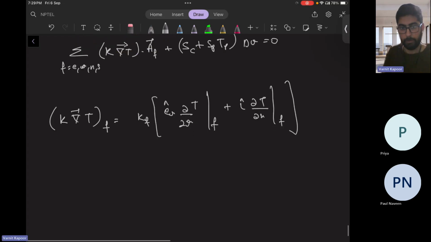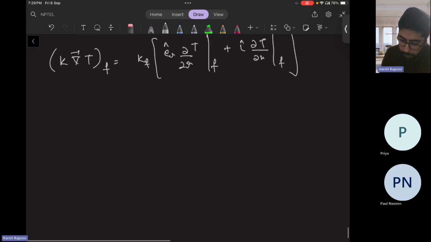Now we'll write face by face. If I write for the east face, K grad T of the east face dot A east.